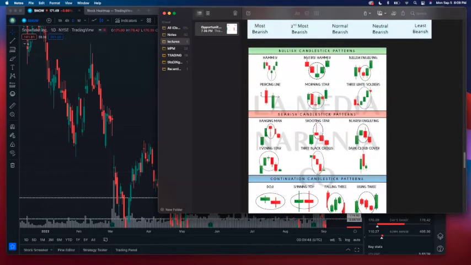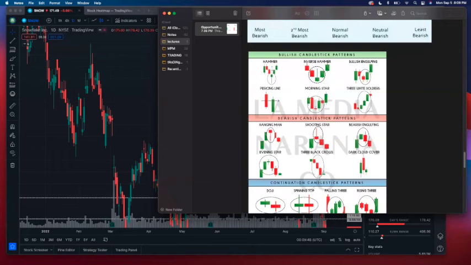But the ones that will matter, in my opinion, are the hammer candle, the inverse hammer, and the bullish engulfing. This is the opposite of this, but it's still considered a bullish pattern. The green candle completely engulfs the previous candle, meaning it's way bigger than the previous candle.